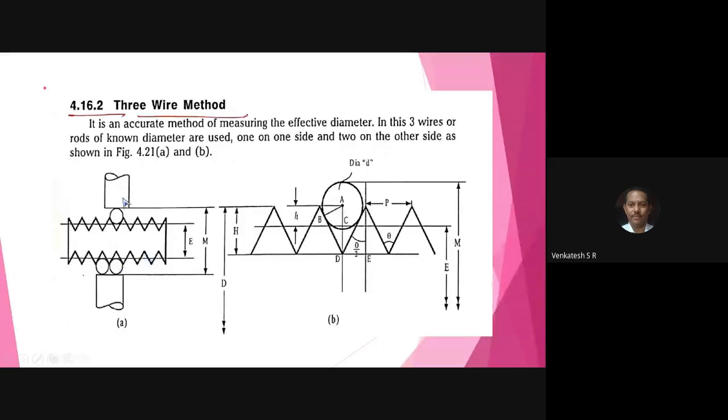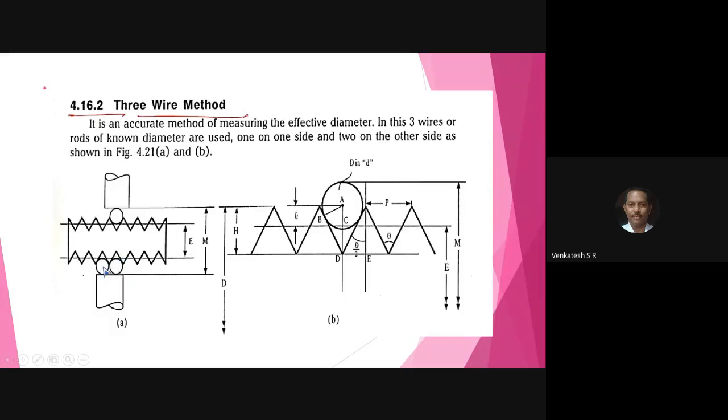You can fix one wire on the stationary anvil of the micrometer and the other on the movable anvil, and adjust the micrometer by turning the thimble in clockwise direction.